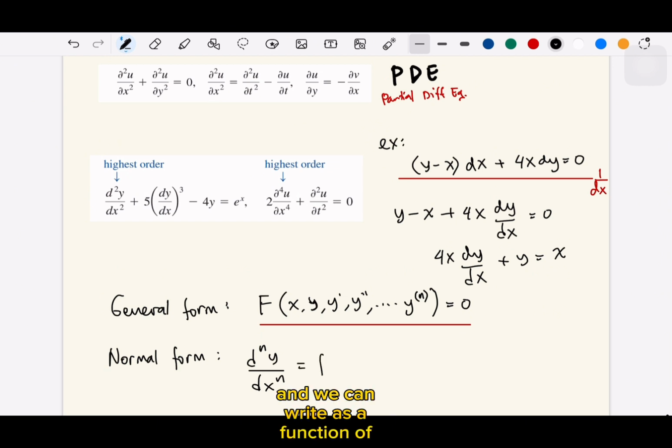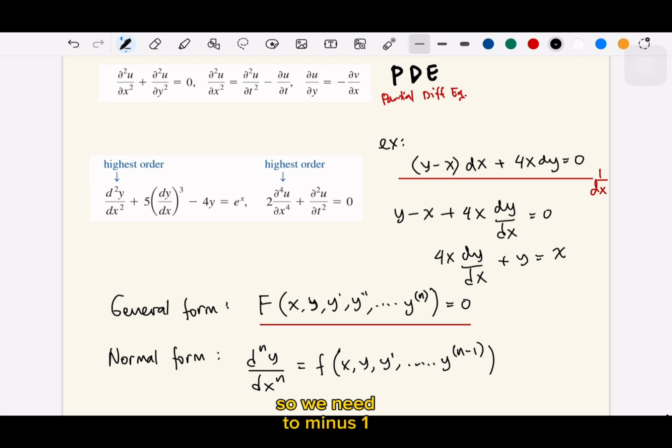And we can write it as a function of x, y prime, and dot dot dot, y of n minus 1, because it's actually symbolizing that this n is derived from here. So we need to minus 1.